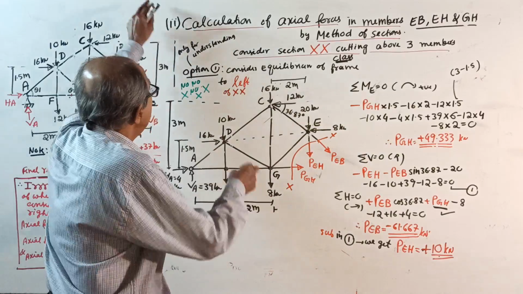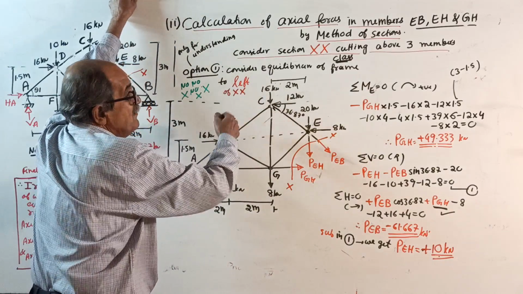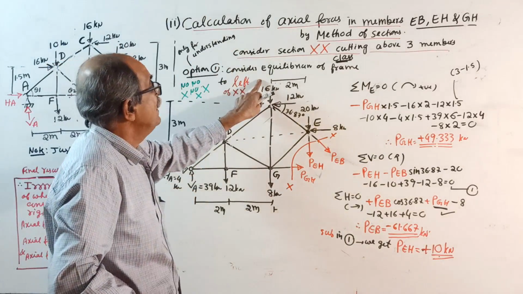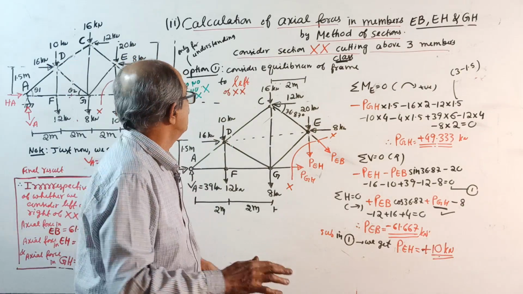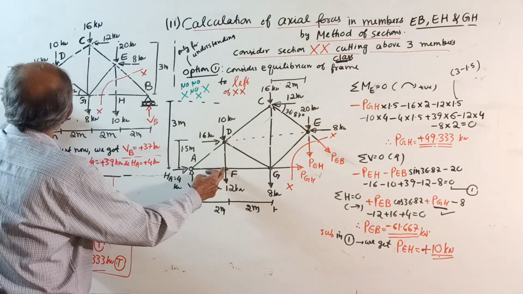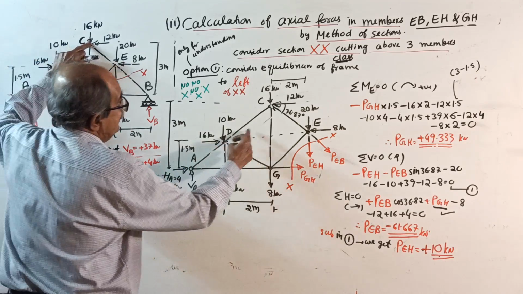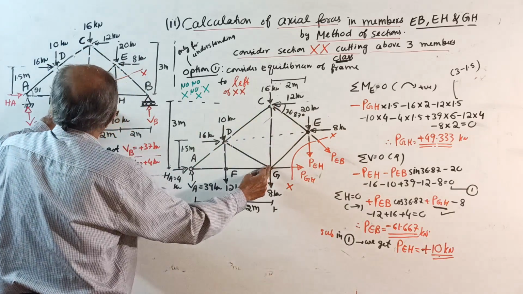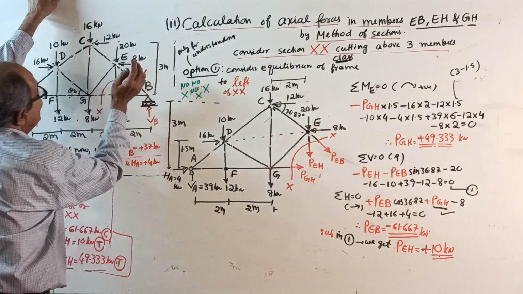I will write: consider the right of XX. I will tell the ideal, the best option. Now start. A will come intact, F intact, D intact, C intact, G intact, then cut.